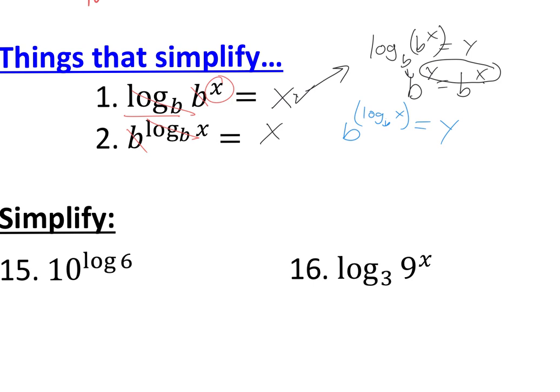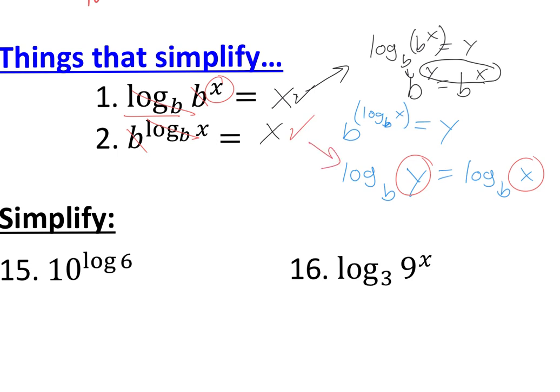So I can write this in log form: log base b of y would equal the exponent, which is log base b of x. And once again, everything else is the same, therefore these are the same, so this must equal x. That's why, but just know these things cancel out.